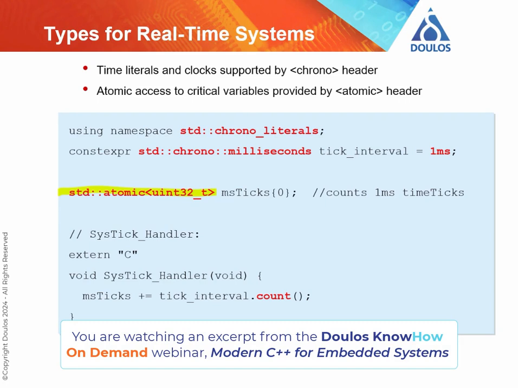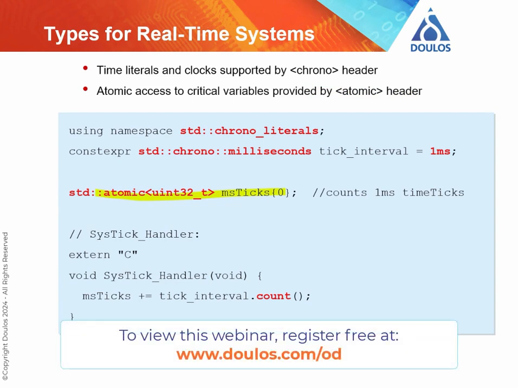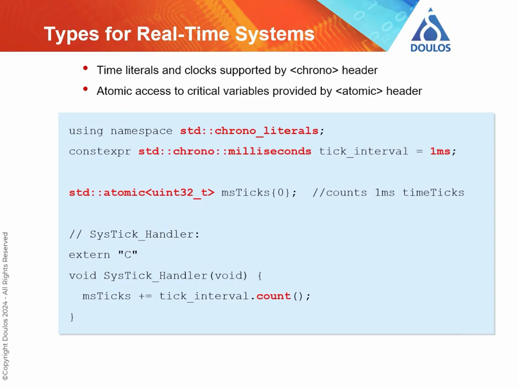If we declare an atomic type, such as here ms-ticks, then when that code gets compiled, the compiler will typically code it up with memory barrier instructions to make sure that we don't get situations where the value can be accessed simultaneously from two different threads. Now, you could argue that with a 32-bit int that perhaps isn't really necessary because that's not going to get interrupted in the middle of a 32-bit read or write, but certainly for longer or larger types, the use of atomic can avoid those race conditions.